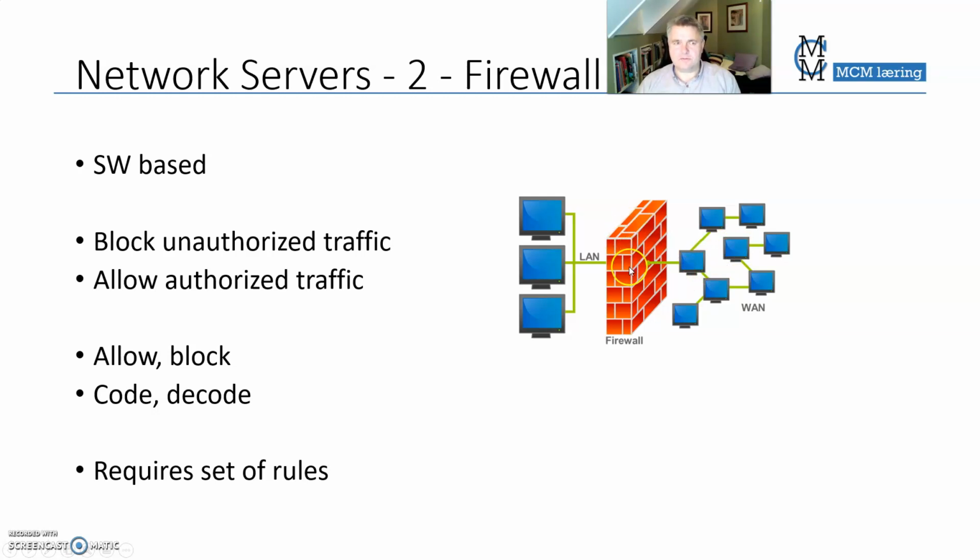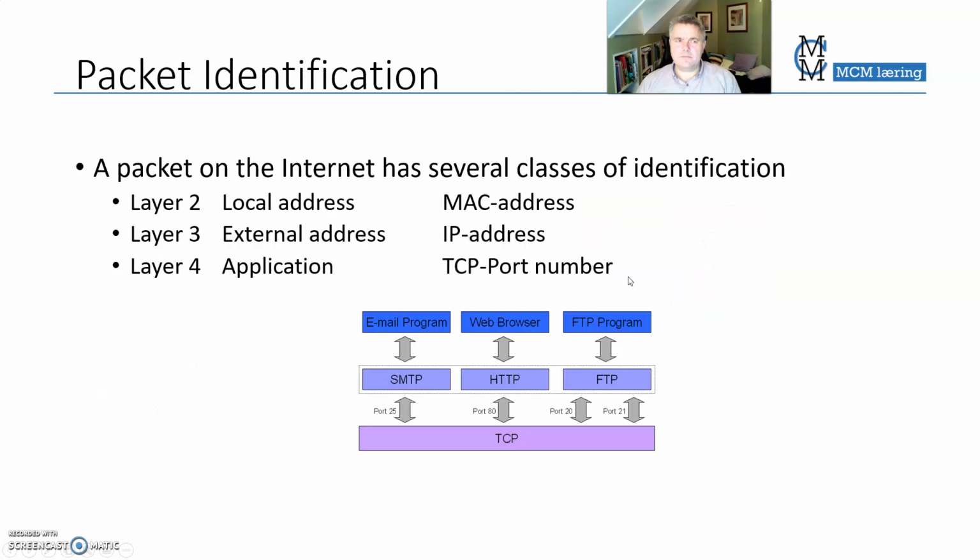according to the policies. Now, on to how packets are identified in a TCP/IP based network. That's a very brief introduction in this film. I have 3 kinds of addressing on every message that I send from my computer.